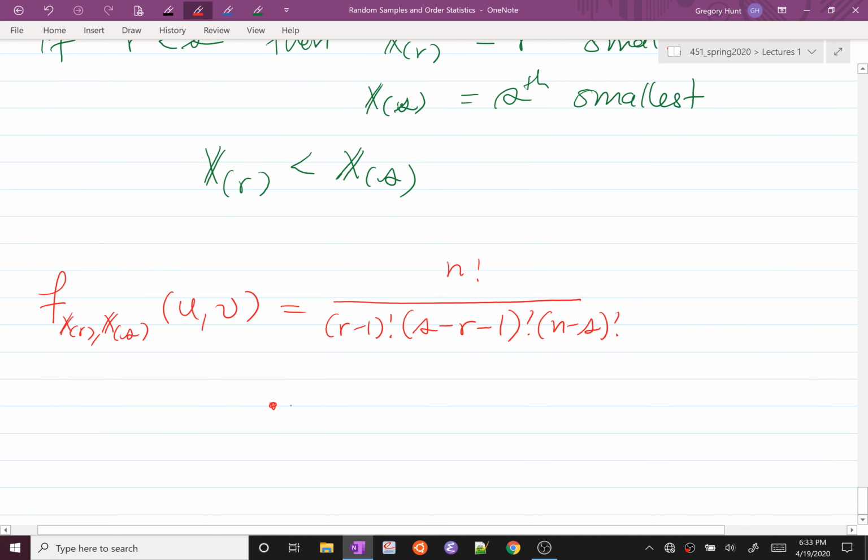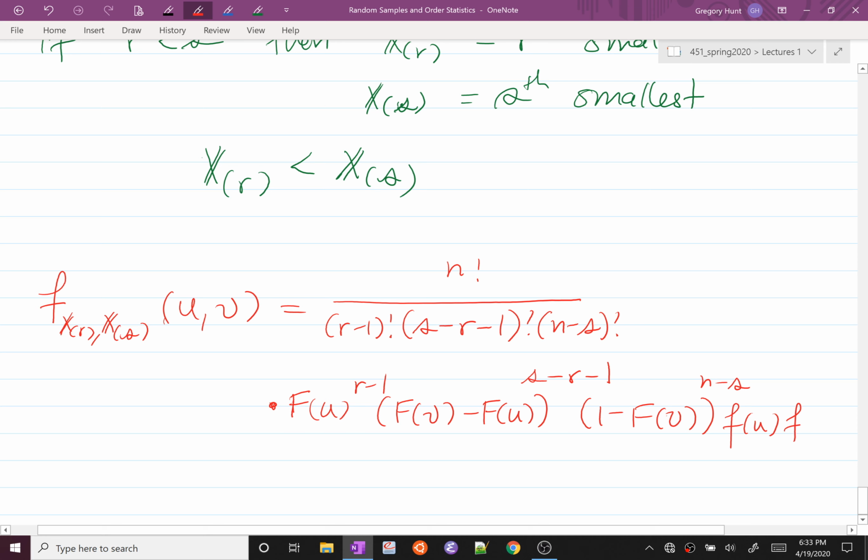We're going to multiply: u is our value for X sub r, F of u to the r minus 1, v is the value for X sub s, F of v minus F of u to the s minus r minus 1, 1 minus F of v to the n minus s. And then we multiply by the PDF at u and the PDF at v.